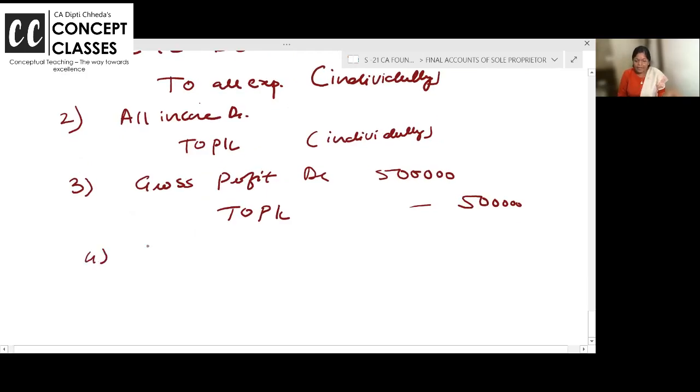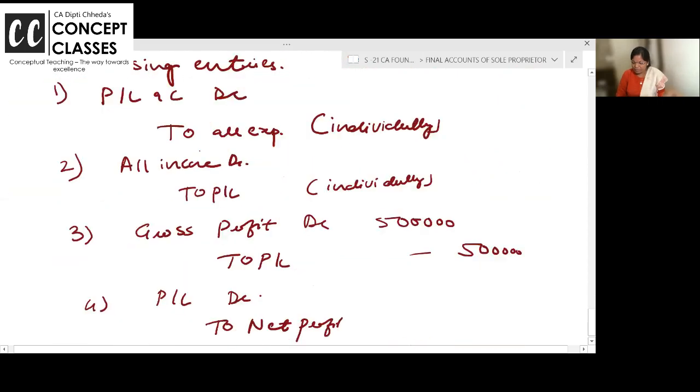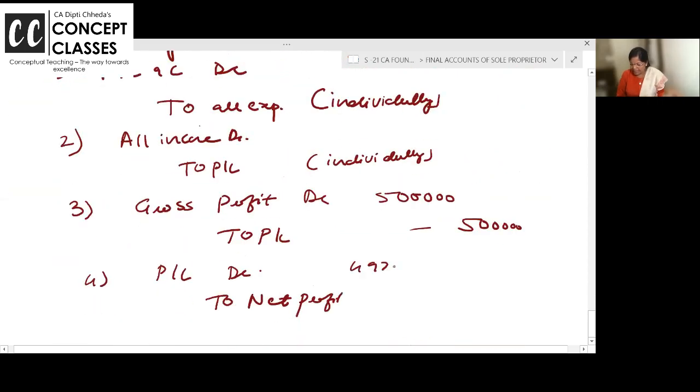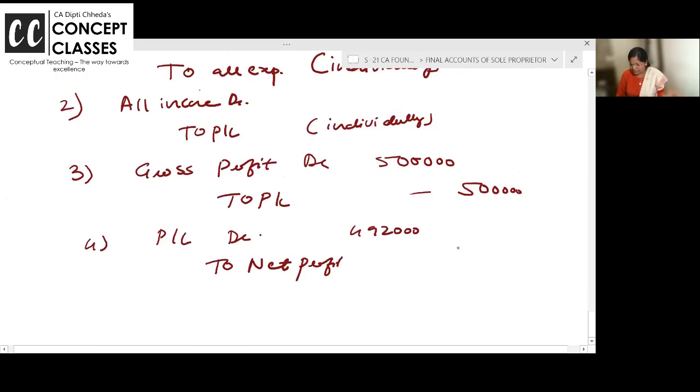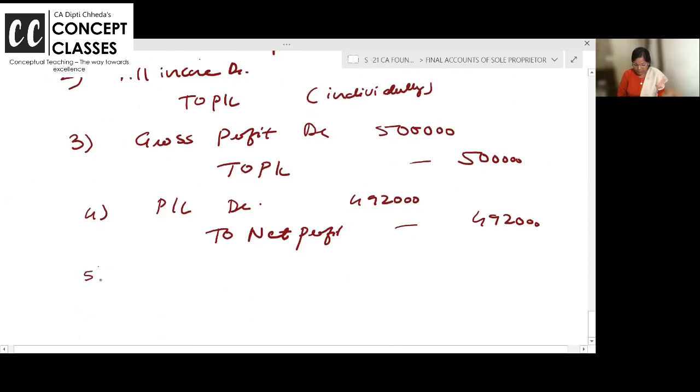Now, net profit. P&L account debit to net profit. How much did you get as net profit? 4,92,000. P&L account debit to net profit, 4,92,000.